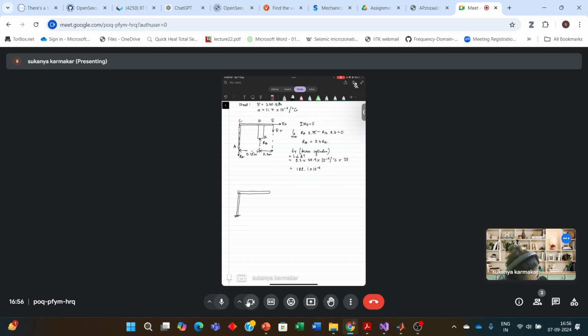At A, it is supported like this. At B, the support has been removed, and because of the increase in temperature, the length has increased by delta D, and it is positive. And it is supported at E. This is D. This is C.